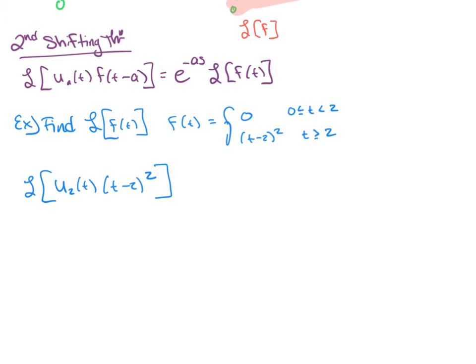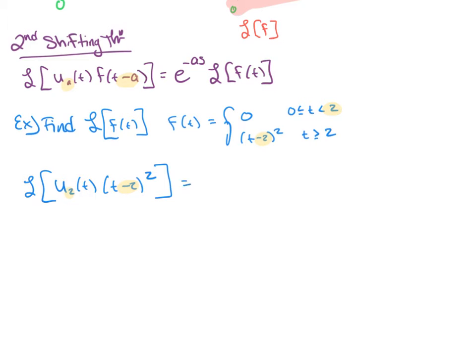Now, one thing I want to point out, because we have a corollary coming up that's really crucial, is that it is very convenient that in our second shifting theorem, the t minus a matches the u sub a. So it's very convenient that t minus 2 here matches the 2 turning on and turning off. That is really an important point to make. And we'll deal with the fact that they might differ in the corollary. Okay, but for right now, we're going to apply this theorem.